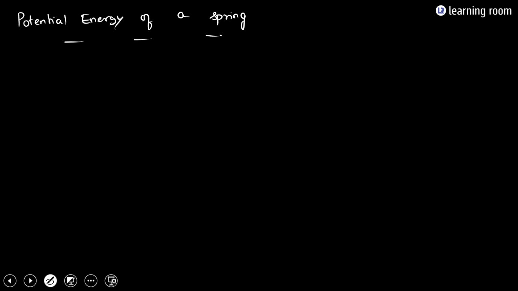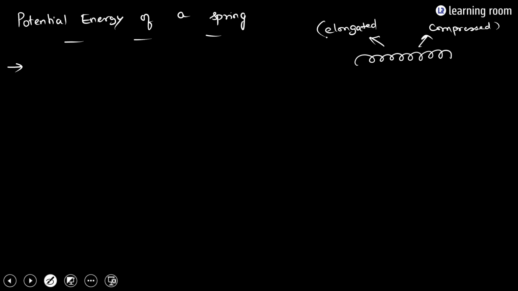But first, we need to understand that when you have a spring, it has the functionality of getting elongated or compressed. So basically spring is an elastic material. When it is either getting expanded or compressed, it is happening due to a force that is existing within itself called the restoring force.